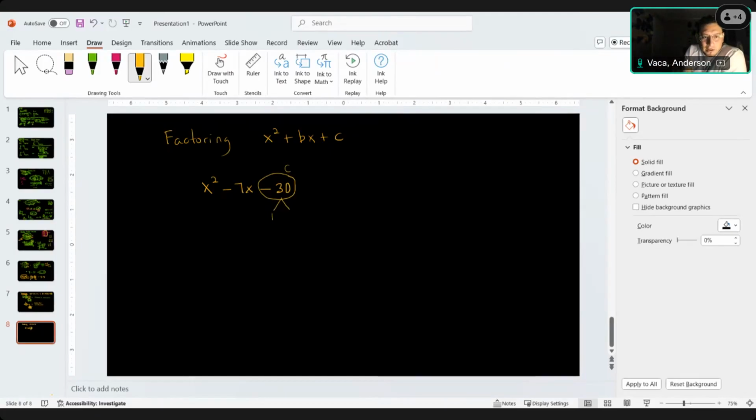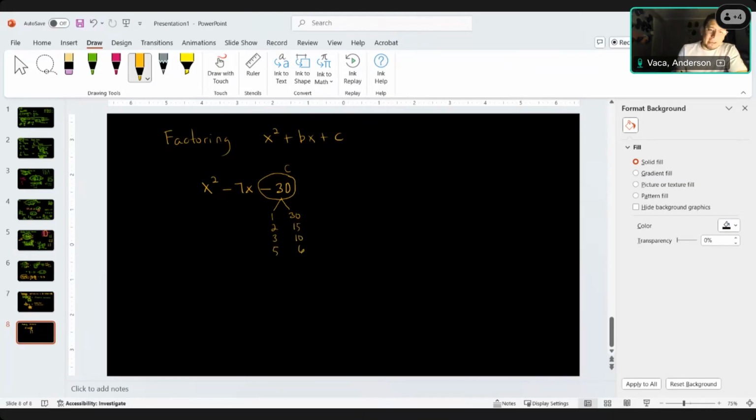I will start with 1 times 30, 2 times 15, 3 and 10, 5 and 6, and that's about it. There's nothing else. Not 7, no 8, no 9. 10 is already there, so we got everything. Again, trust me when I say the negative will fix itself. Just figure out what numbers multiply to 30.